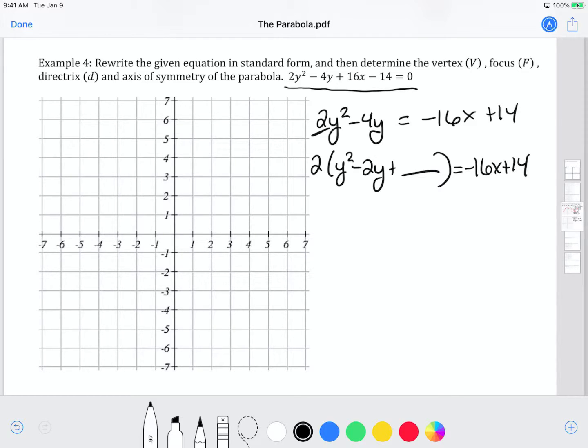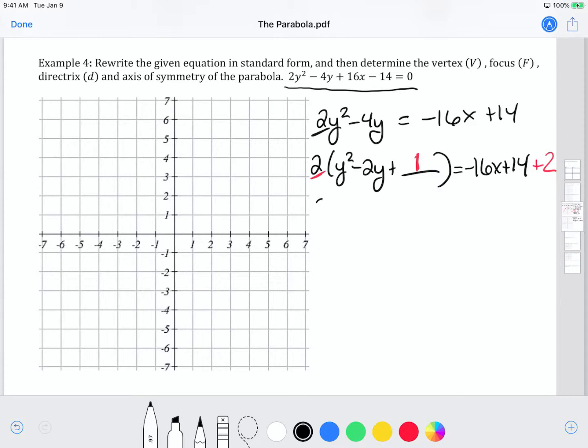Now I've got to complete the square. I'm going to take half of negative 2, which is negative 1, and square it. That's going to give me a positive 1. But I didn't just add in a 1 because I have a 2 out here. I added in a 2 to both sides. So I'm going to add a 2 to the right-hand side as well so that I keep this equation balanced.